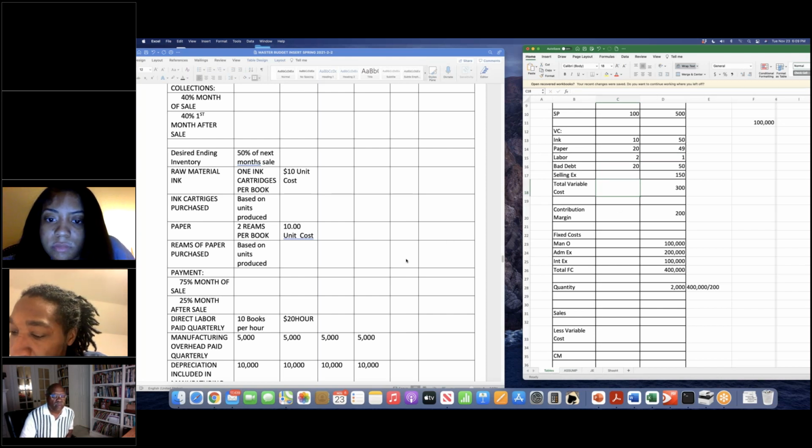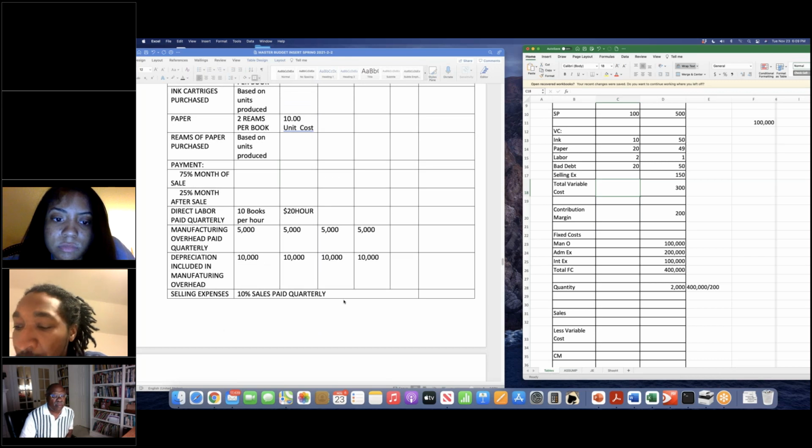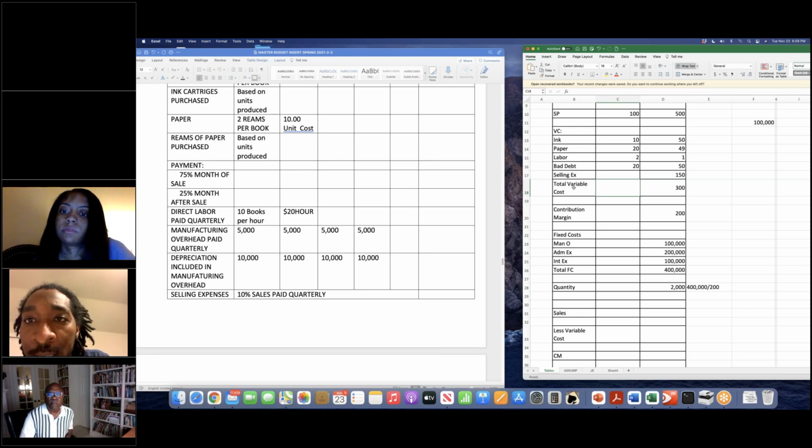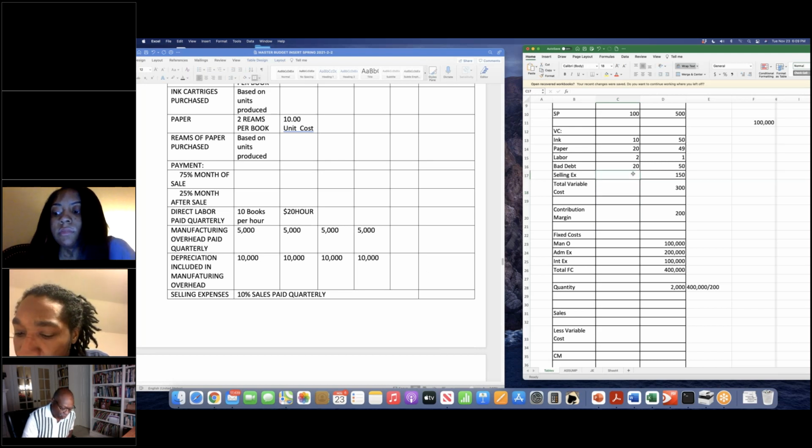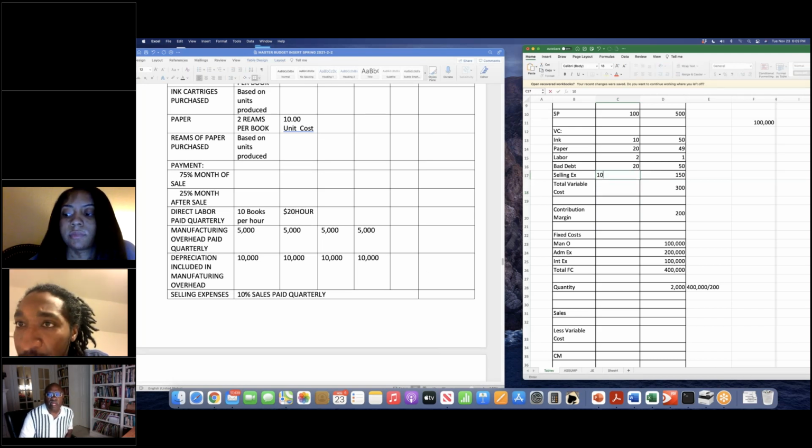Then the selling expense was 10% of 100, which equals 10, and that gave us a total variable cost of 62.